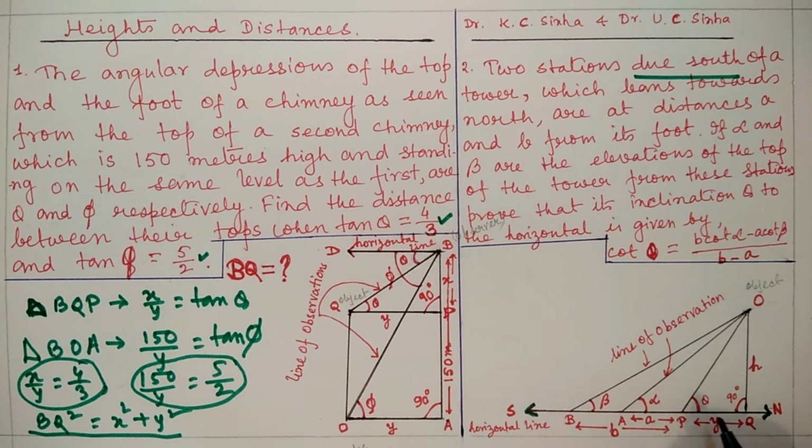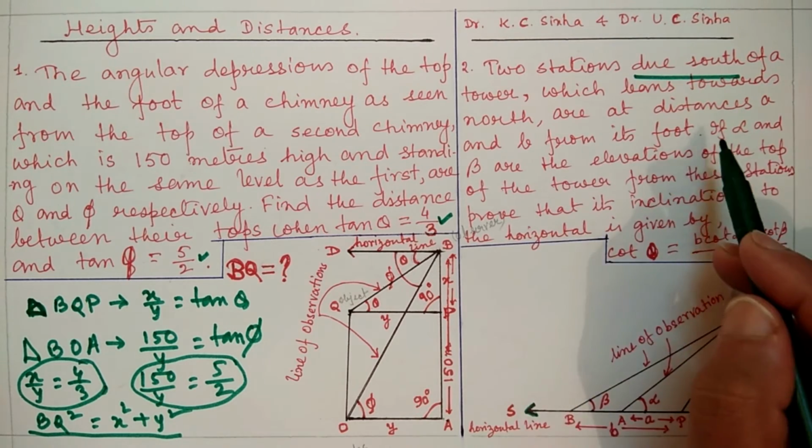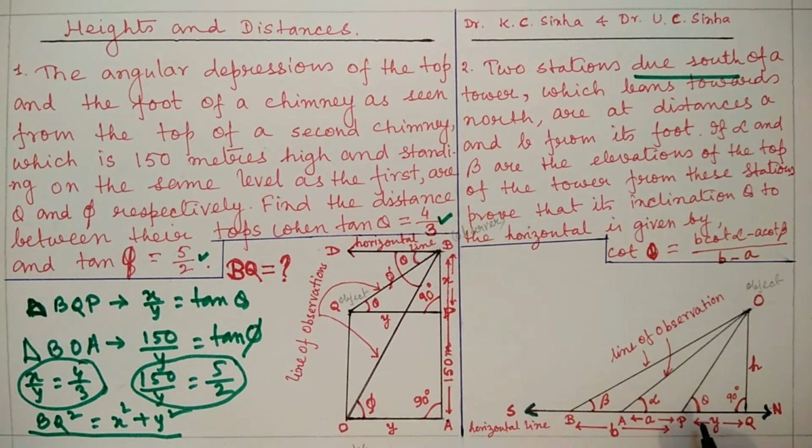According to the question, theta is the angle which leans towards north. So towards north, the OP tower leans and the angle is theta. A and B are two stations, one station at A, another station at B.